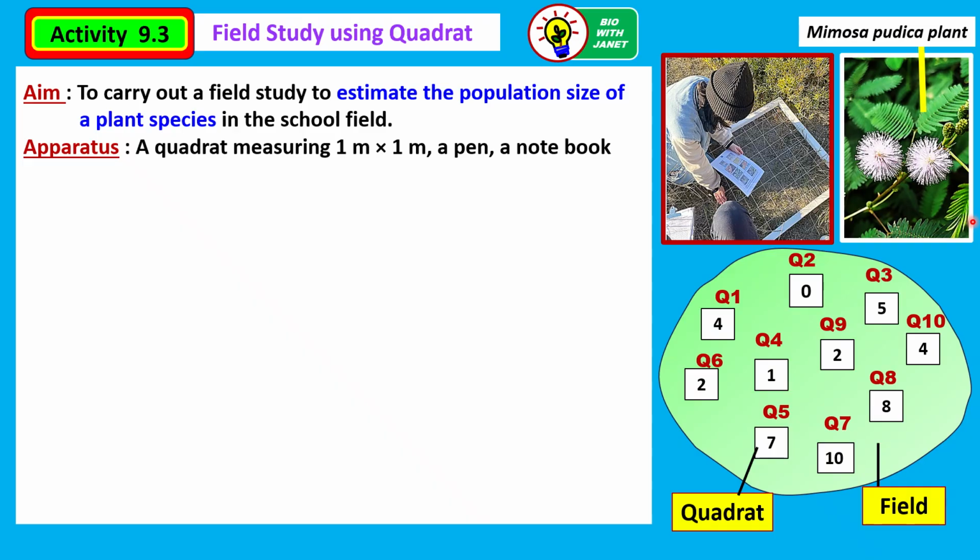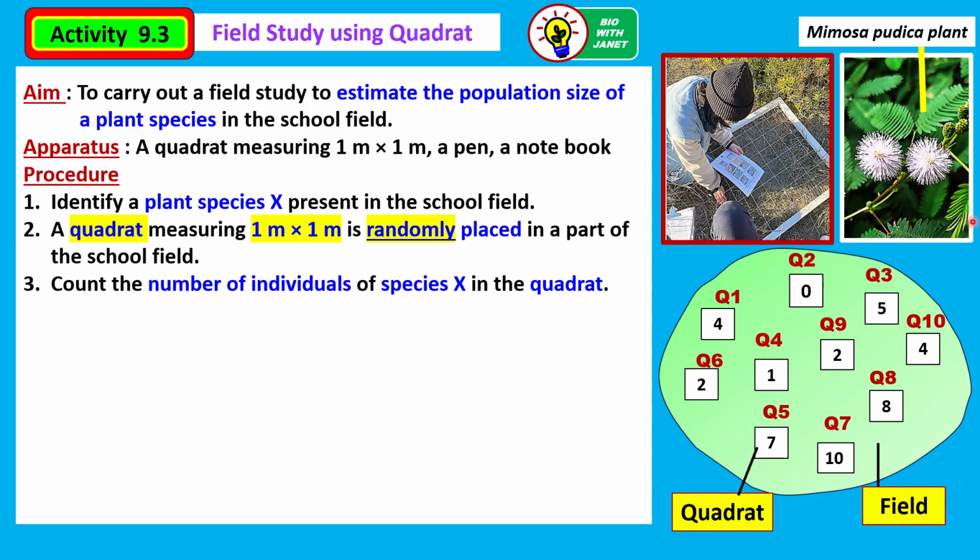Okay, if you use one quadrat, that means you have to repeat the experiment with the same quadrat, right? Now the procedure. Identify a plant species X present in the school field, as we said, for example, Mimosa pudica plant, and we have to know how to identify it well.